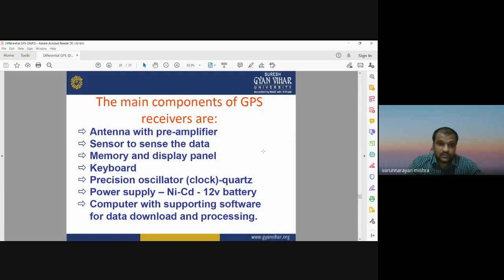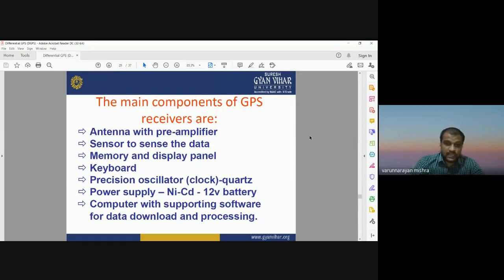So when we use GPS or DGPS receivers, all these things are required: antenna, sensor, memory card, display board, keyboard, a good precise clock, generally a quartz clock, a 12-volt power supply, and a computer with supporting software.